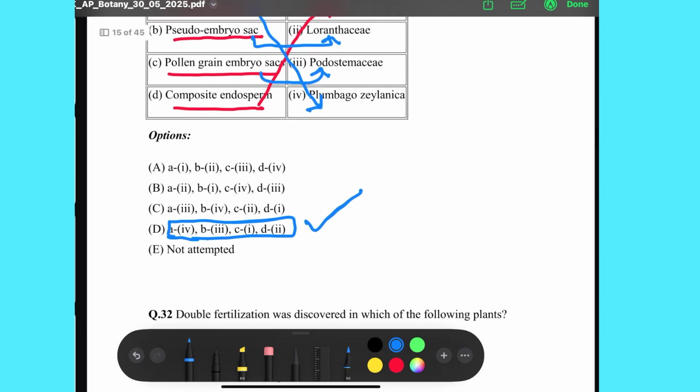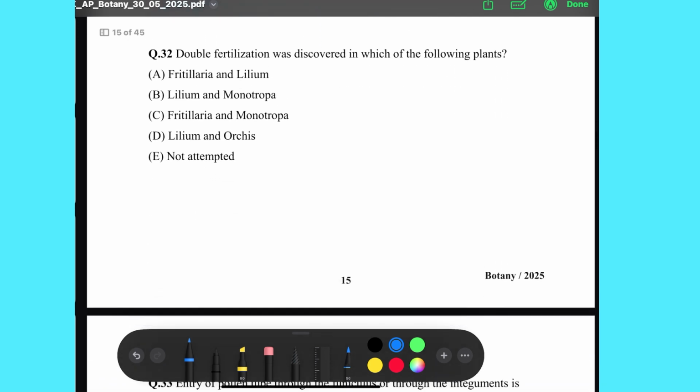Okay, move to the next question number 32. Double fertilization was discovered in which of the following plants? Another important question which comes from this is who discovered double fertilization?